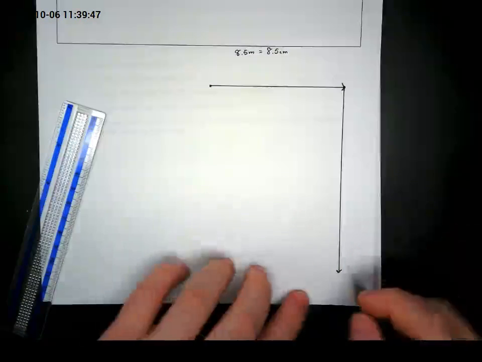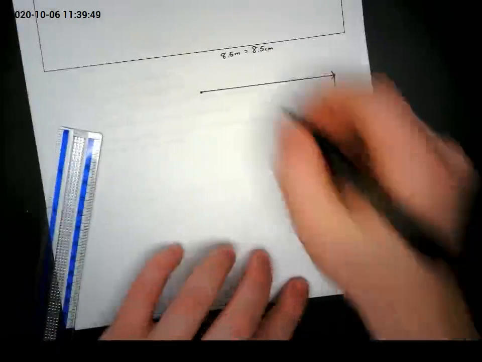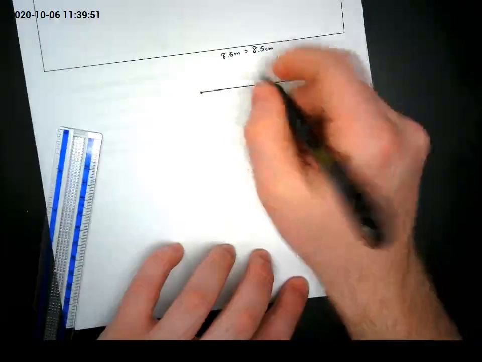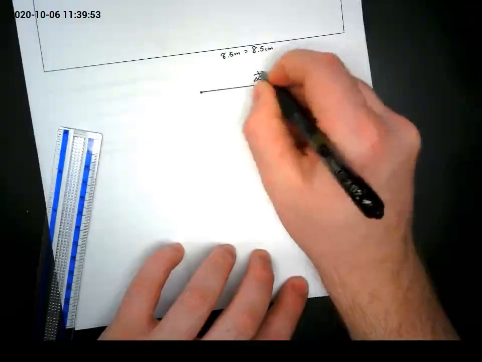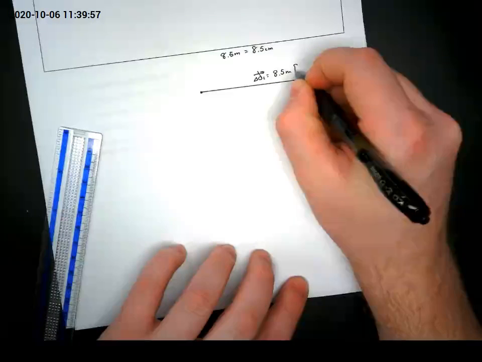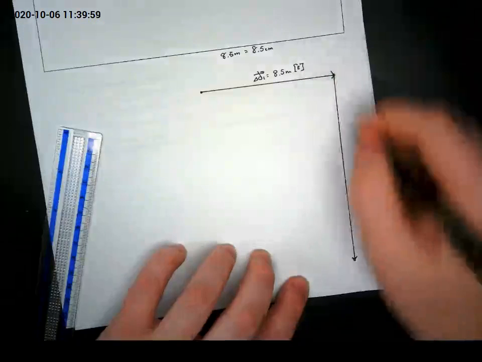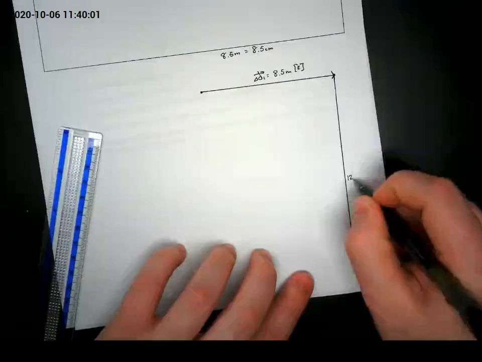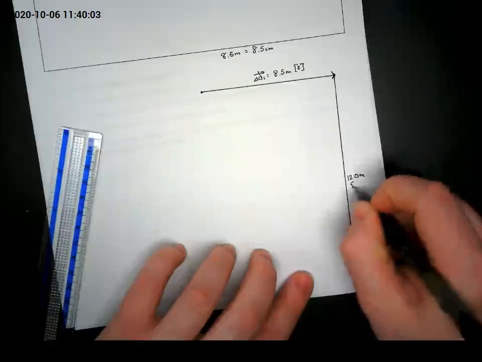So there's 12, and I better write these in. Here, this is D1, displacement 1, equal to 8.5 meters east, and then this is 12 meters south.